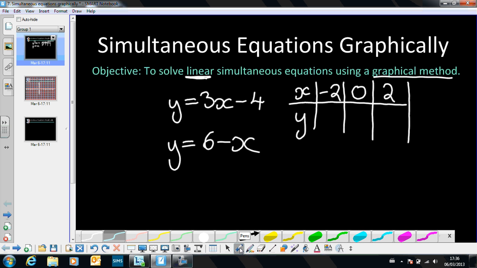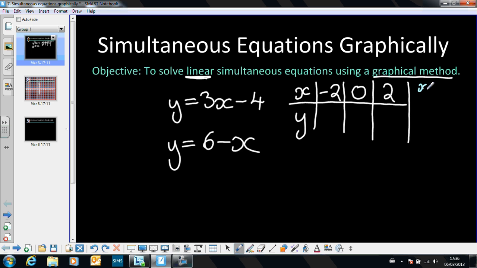Okay, so when x is -2, so just looking at this equation, then y equals 3 times -2 minus 4, which is -6 minus 4, which is -10.